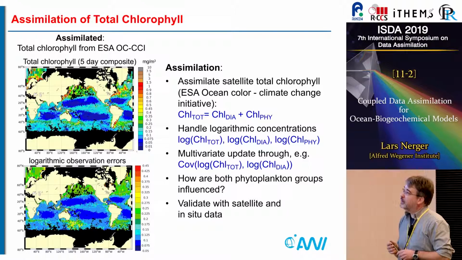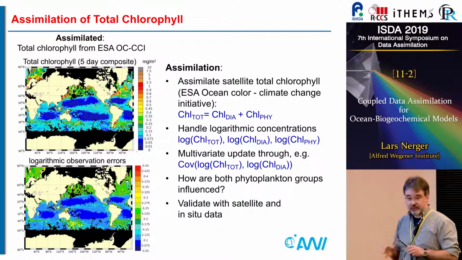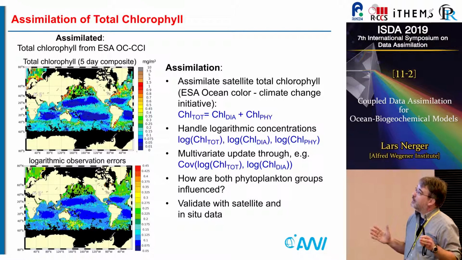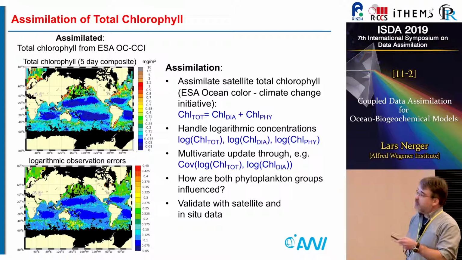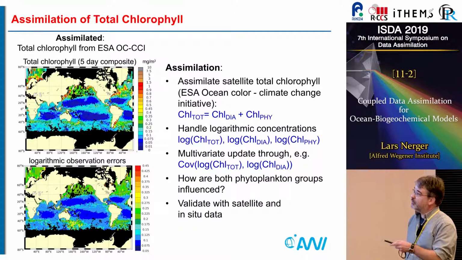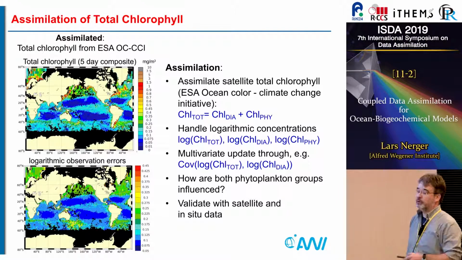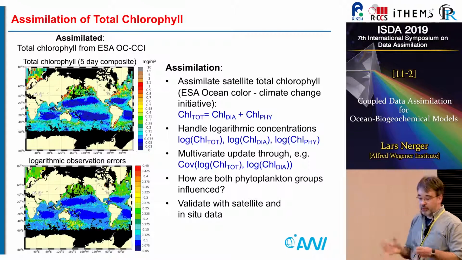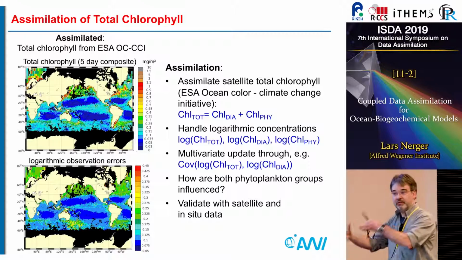What's now important is, the satellite gives us total chlorophyll, and from the model side, it's the sum of the 2 phytoplankton groups, but then we handle everything in logarithmic concentration, so computing the log of all variables of all ensemble states, and then we do basically a multivariate update through the covariances that we get from log total chlorophyll to log single groups.